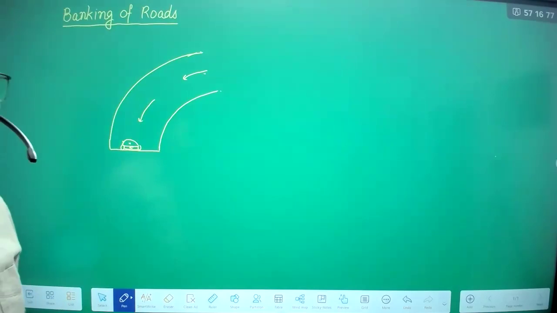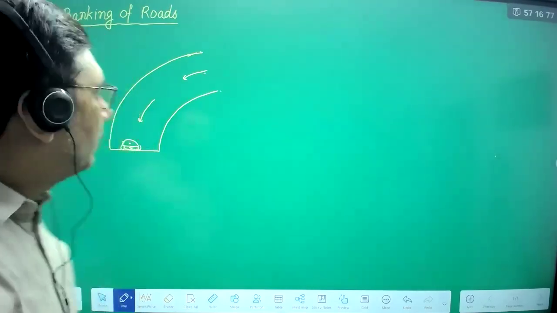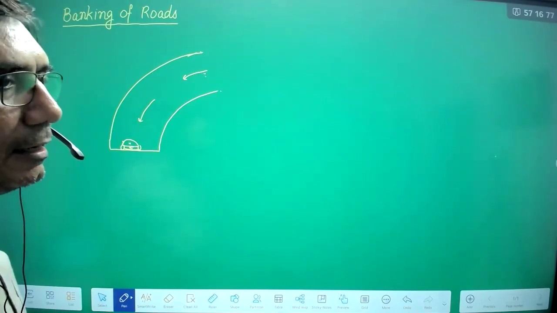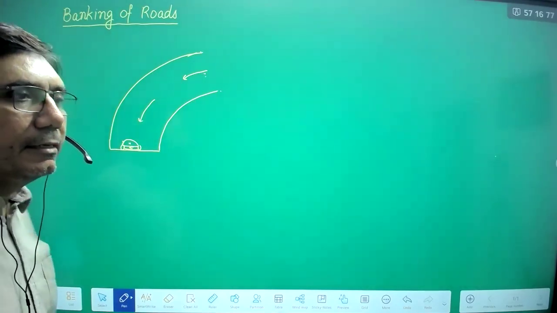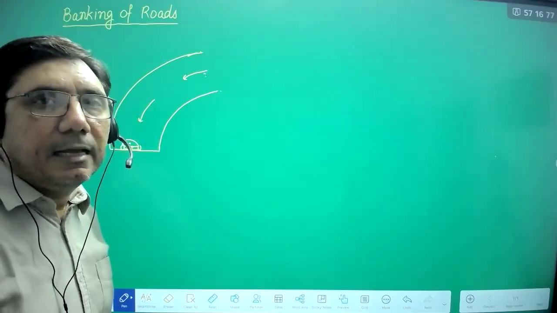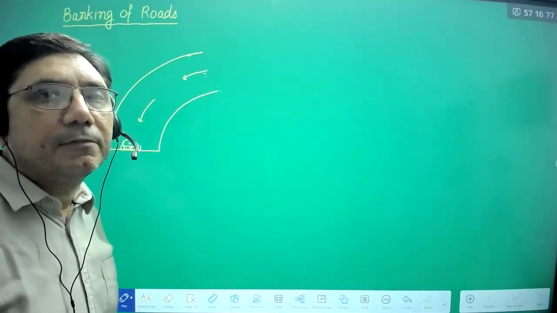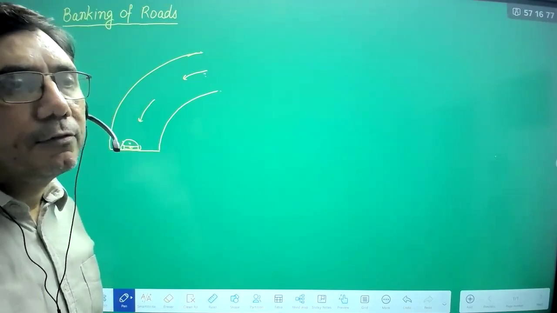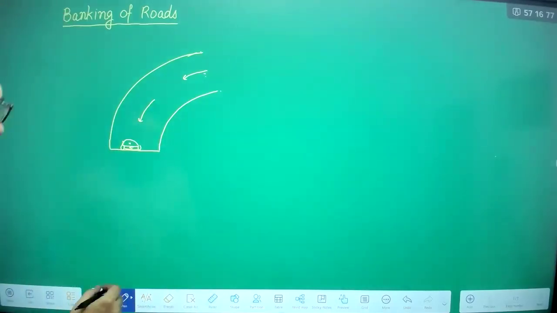So please write, suppose a car is moving on a circular track, then it will require a source of centripetal force. Try to understand.